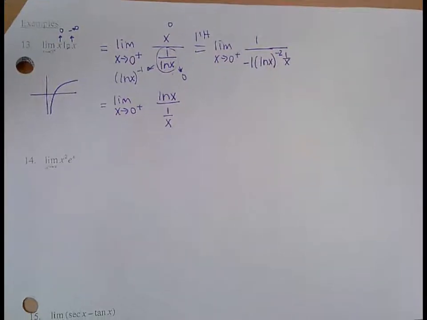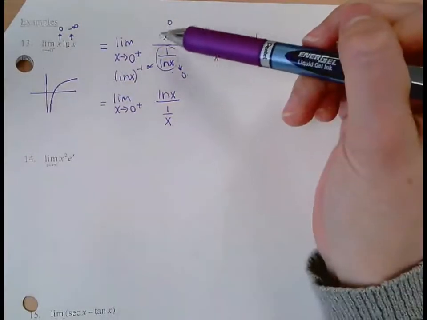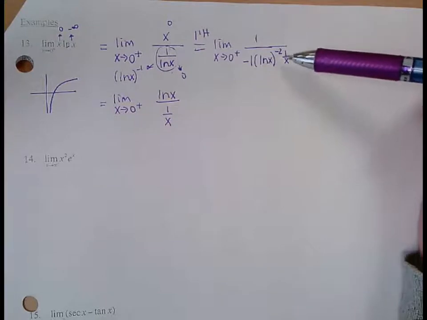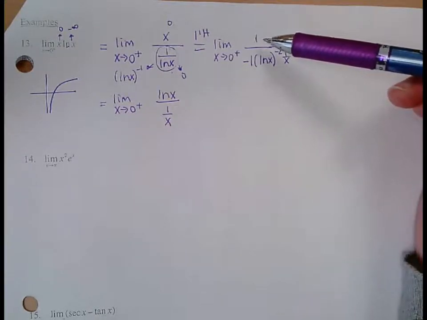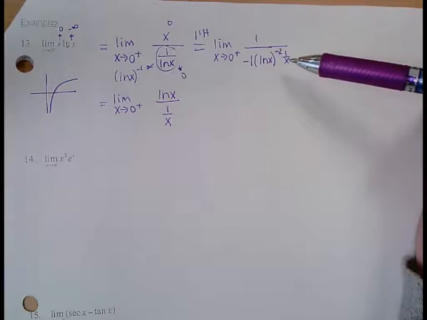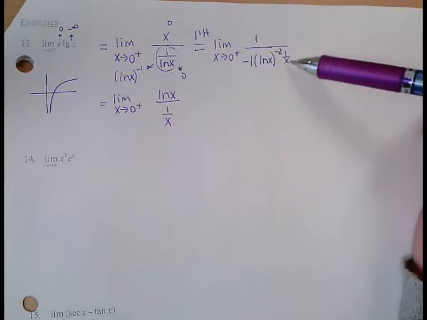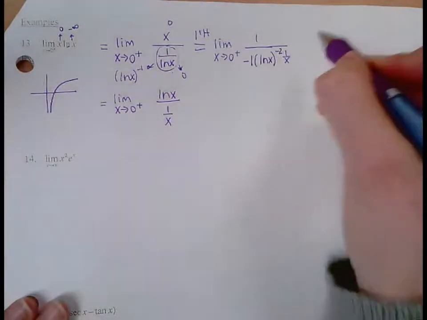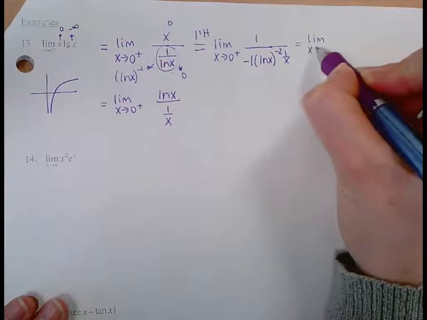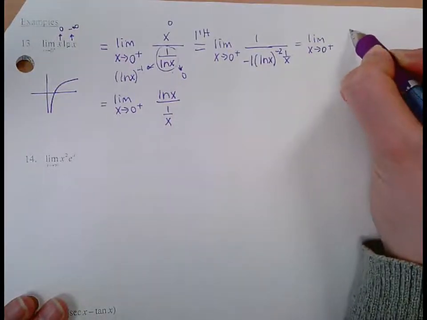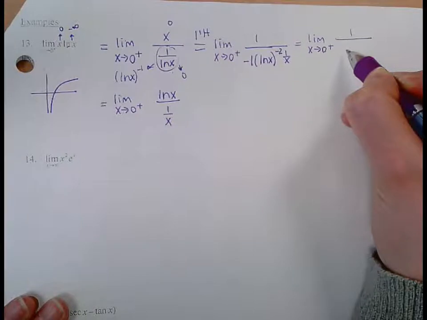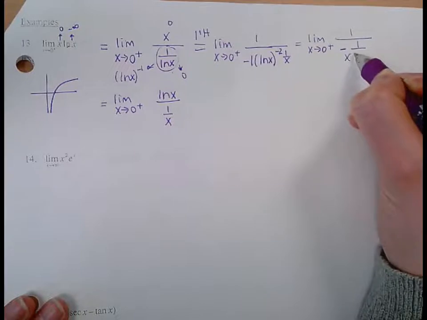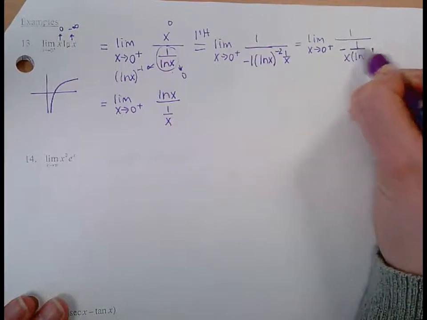So here's how you determine if I, say, wrote it this way first, is it going to work? Look at your denominator and think, okay, my numerator just became 1, but then my denominator became something very, very complicated. Let me just rewrite this here. Negative 1 over x times natural log of x quantity squared.